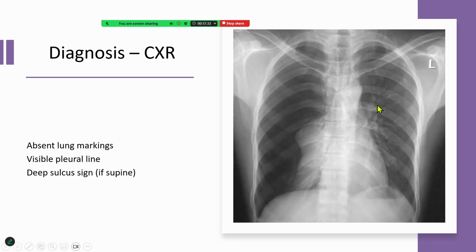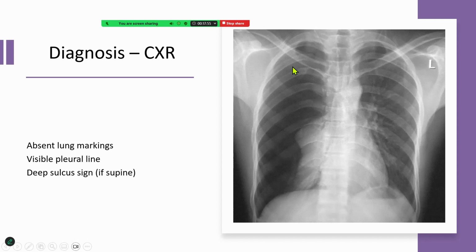Here you can see these white lines, these are blood vessels or vascular markings in the lungs. You cannot see any vascular markings here on the right side. And the second finding is the collapsed lung border, or the visible visceral pleural line. When both of these findings are present, then that means there is a pneumothorax.